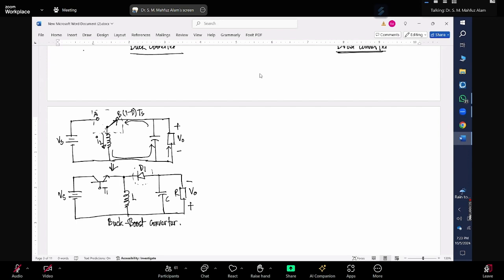In a few moments we will derive that your output voltage will be minus D over 1 minus D multiplied by Vs. So there will be a negative sign in front of the output voltage, so that if you choose the voltage polarity like this, it would mean your output is opposite of the polarity chosen. That's why, in order to avoid this minus sign here, we are keeping the voltage polarities like this.